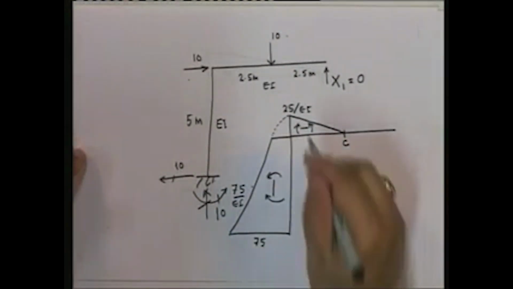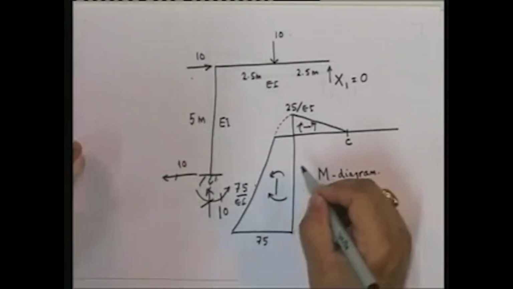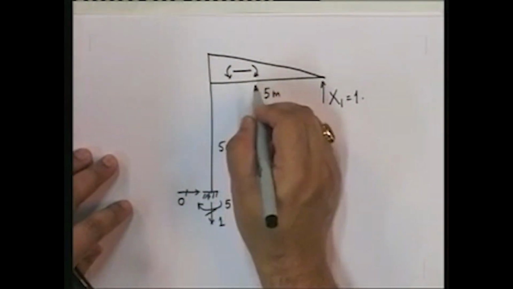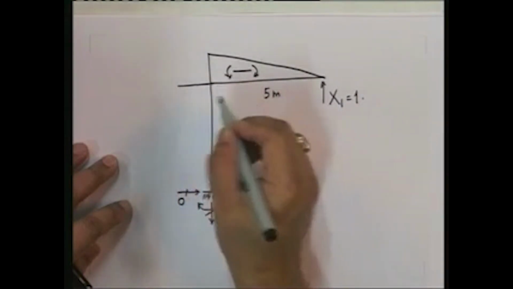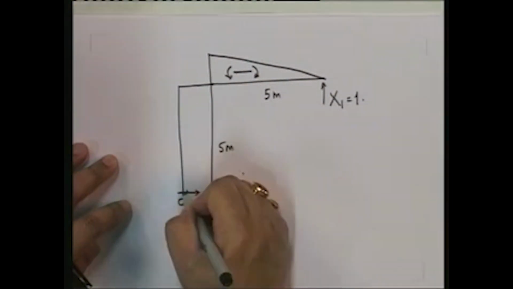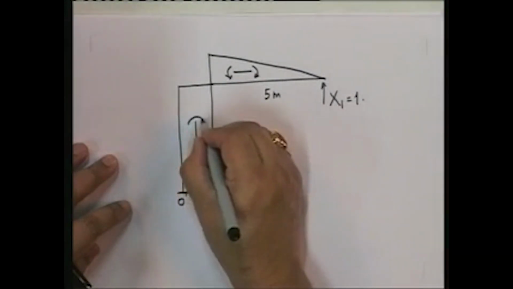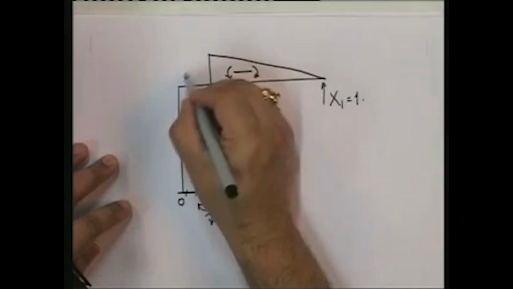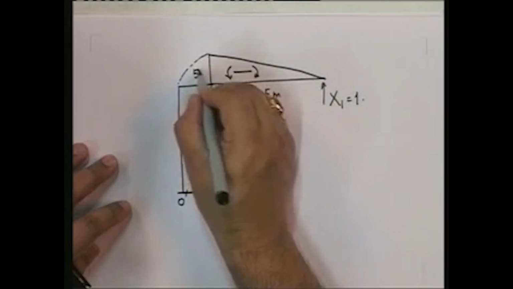This is sagging because tension at the bottom, okay? And this is going to be hogging. So although I've drawn it on the same side, you can draw it on the other side. It doesn't really matter. You can draw it however you have been asked to draw. As long as you're consistent, this is the point that I always make, it does not matter. And this value is equal to 5.